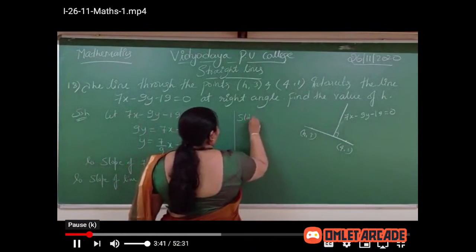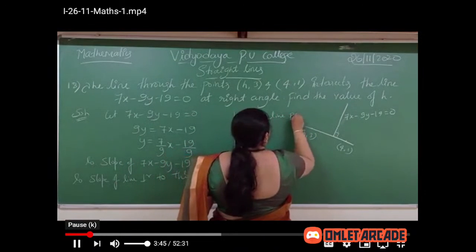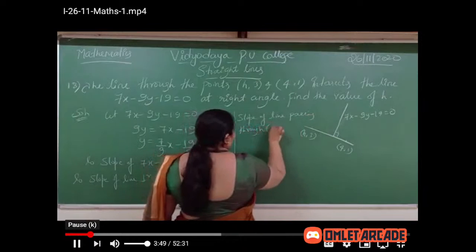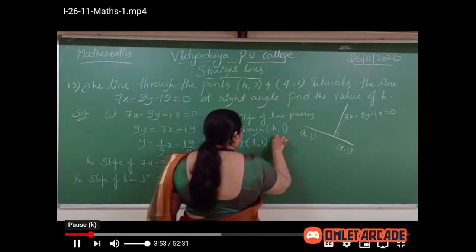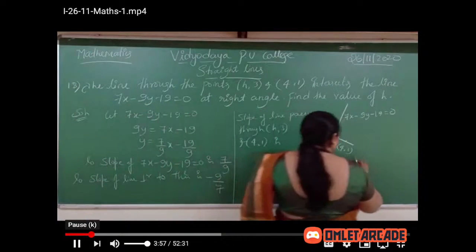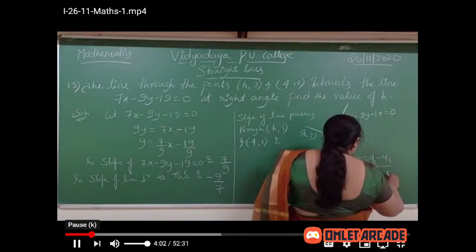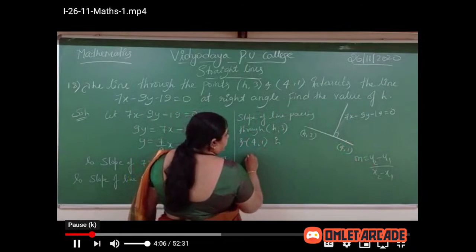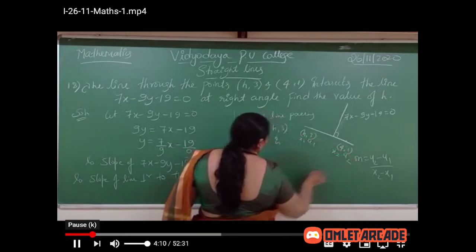See, the slope of the line passing through the points (h, 3) and (4, 1) is, what is the formula, students? Let me write it here. m is equal to y2 minus y1 divided by x2 minus x1. I am using this formula here. Let me take this as x1, y1 and this as x2, y2.